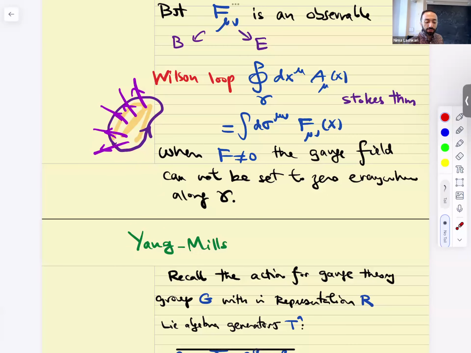When the field strength is 0 inside the loop, the gauge field can be trivialized everywhere. When it's not 0, you will not be able to do this. So there's holonomy.